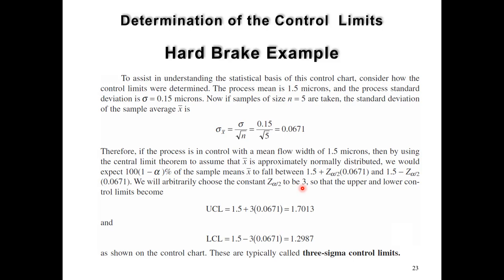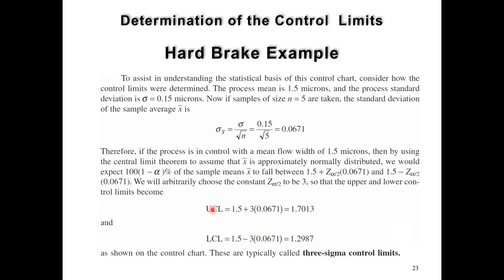So the upper and lower control limits can be computed based on these two formulas. The upper control limit equals the mean plus 3 standard errors. And the corresponding lower control limit will be 1.5 minus 3 times your standard error.